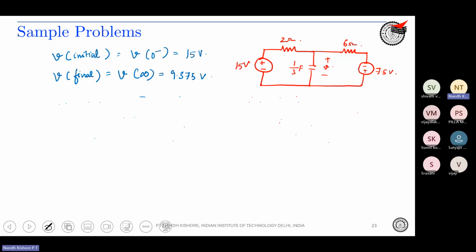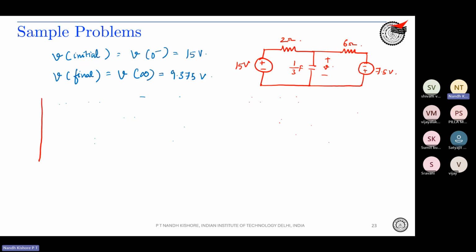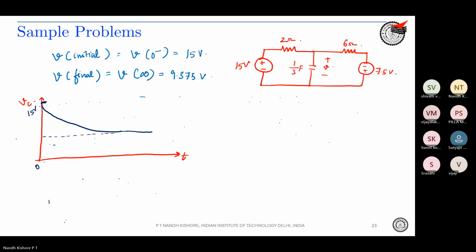If I plot VC against time, the capacitor voltage at t equal to 0 starts at 15 volts and then it will fall, and fall, and finally settle at 9.375 volts.